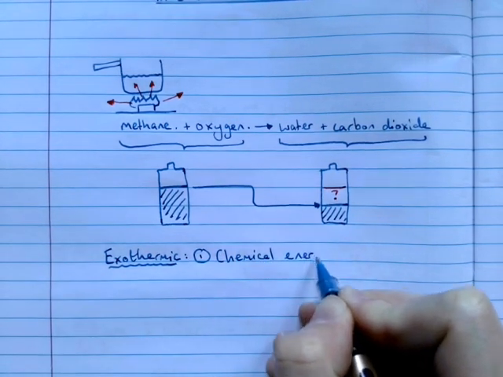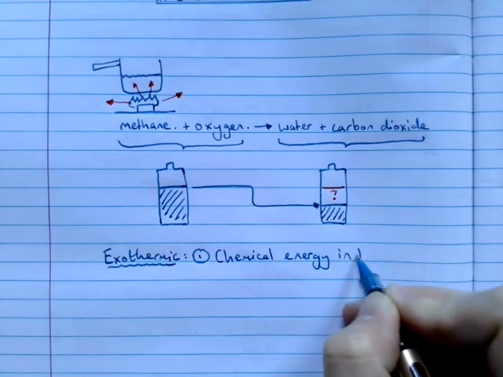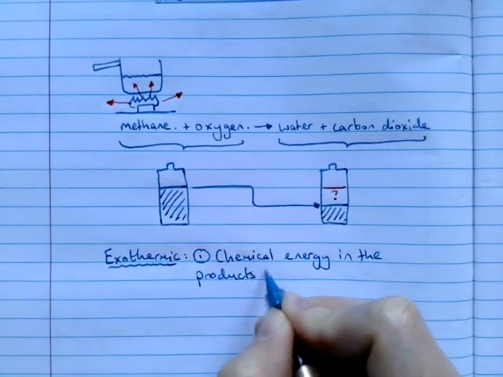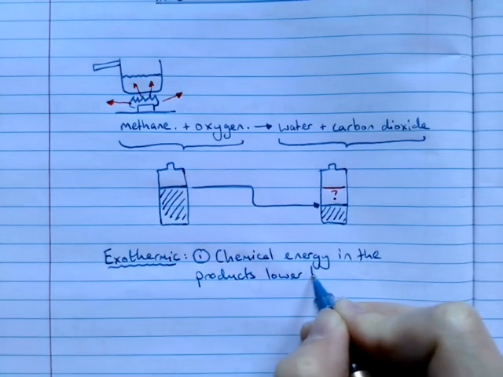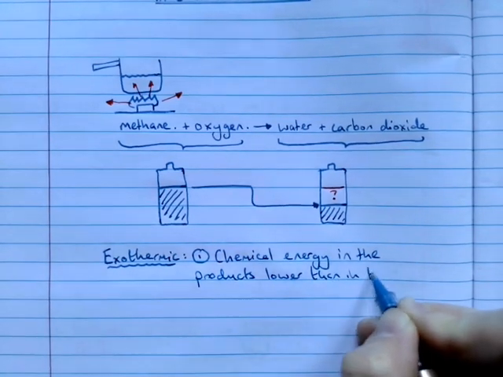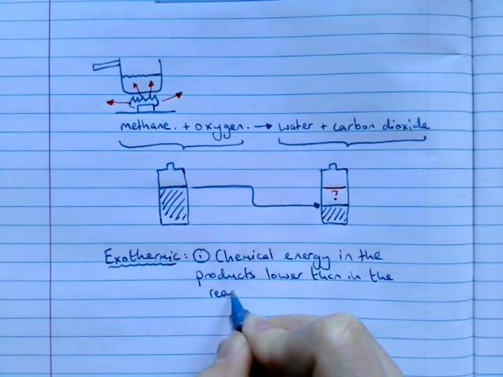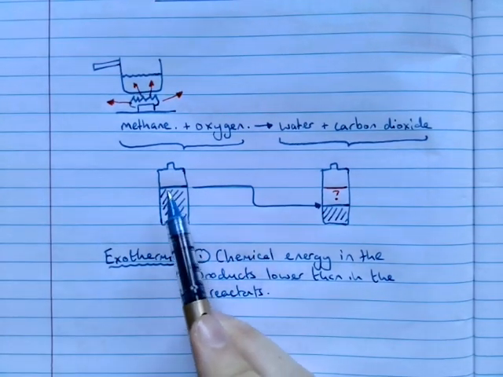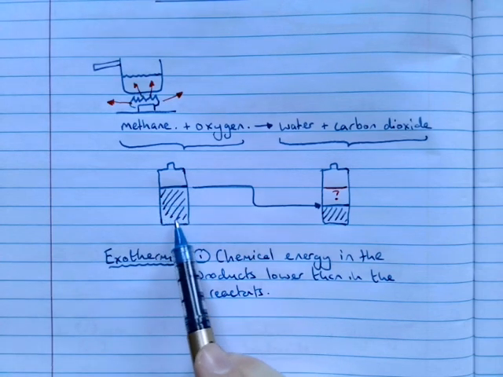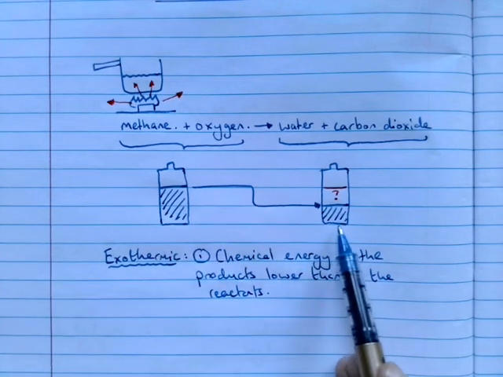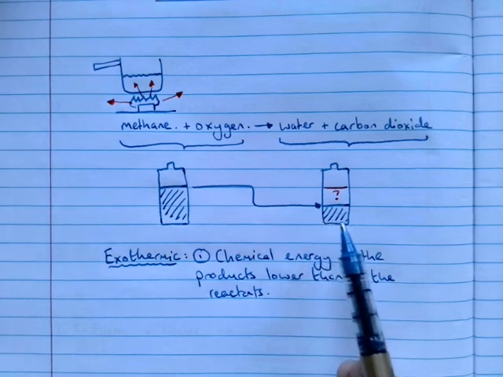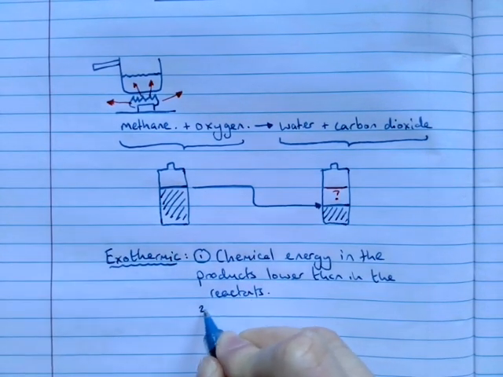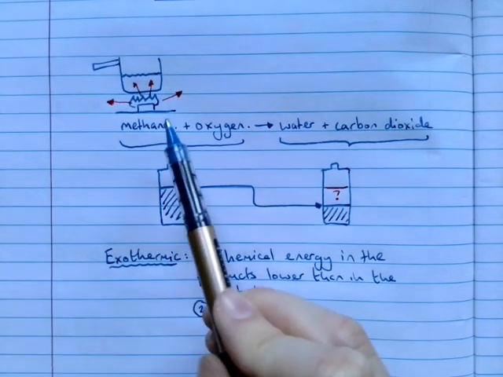So the chemical energy in the products is lower than in the reactants. That's the first thing that we can say. And we can see that here we had a lot of chemical energy in our reactants and then less chemical energy in our products.